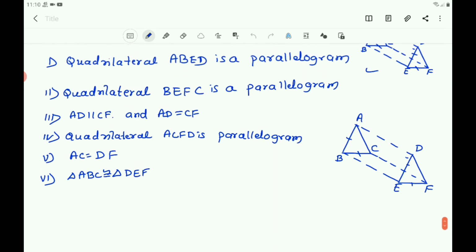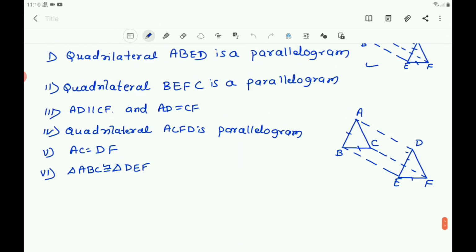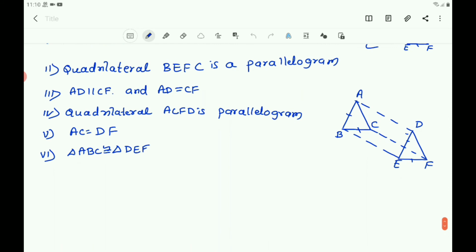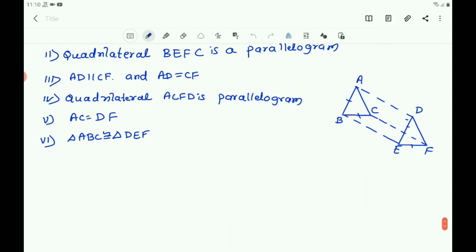First one, what you have to prove? Quadrilateral ABED is a parallelogram. First you take down what is given here.